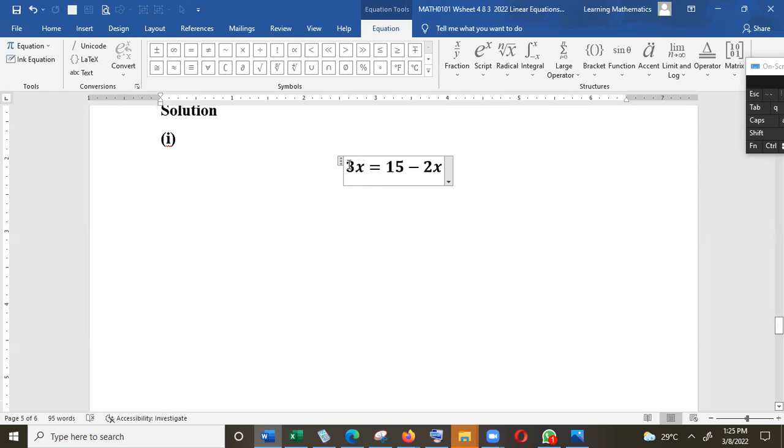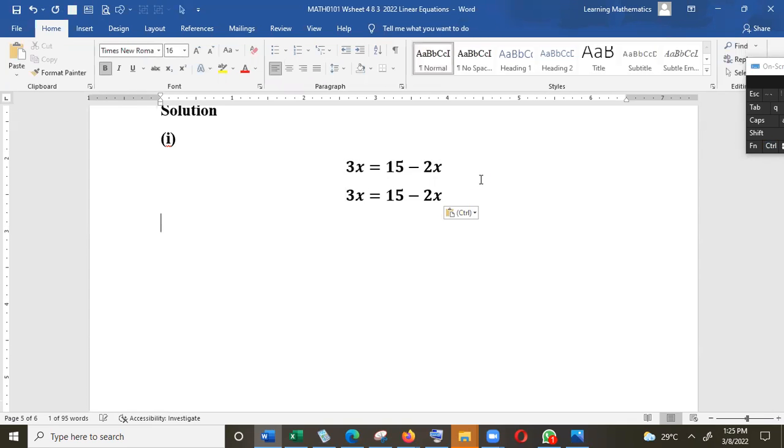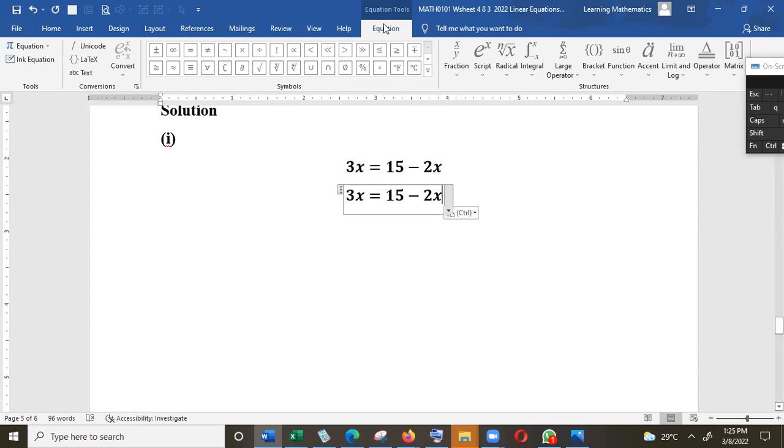So we have a 3x on the left and a negative 2x on the right. On the number line, negative 2 is smaller than 3. Okay, negative 2 is smaller than 3. So it is easier to cancel out the smaller x, which is the negative 2x, by adding.